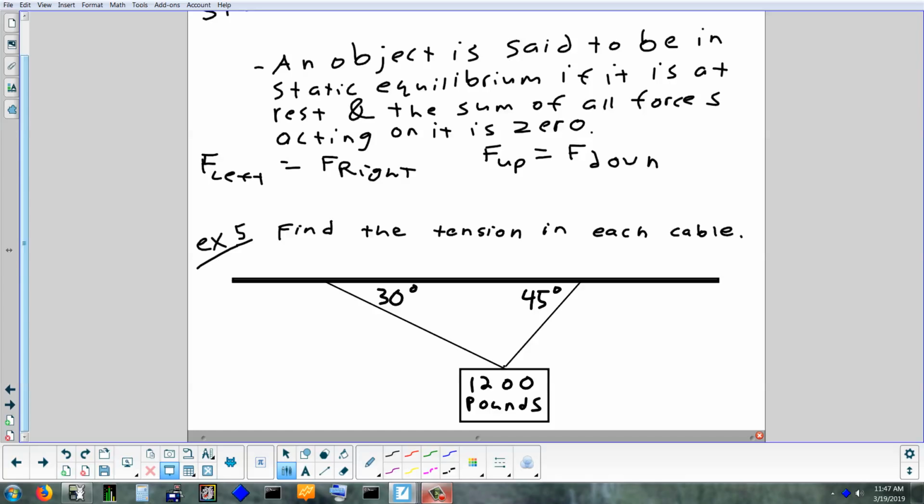So let's start with, let's call this cable, I'll label it T1 to represent the tension in cable 1, and we'll call this one T2. Now, what would happen if you were to take this cable and cut it?